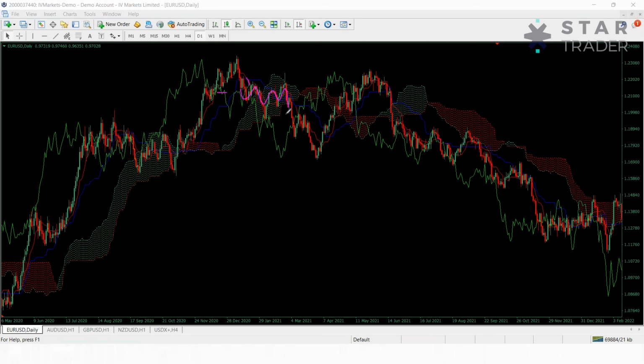So when the market closed below this trend, and over here your leading span A has dropped below the span B, right? And your cloud has also shifted. It turns from green to red. Now it's time to be bearish, not bullish anymore.